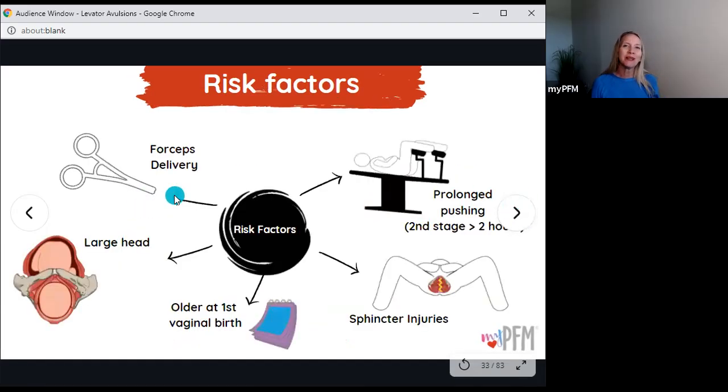So what are some of the risk factors for levator avulsions? Forceps delivery. Prolonged pushing, so a second stage greater than 2 hours. Sphincter injuries, we'll show you a little bit about that in a minute. Older age at first vaginal birth, and then a large head.